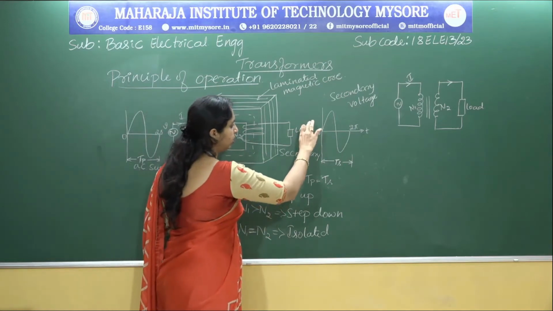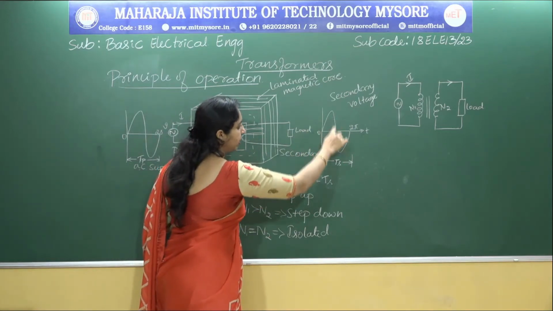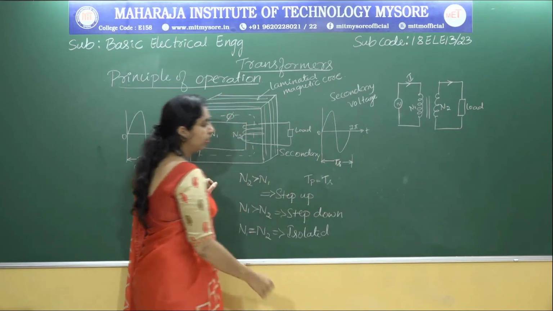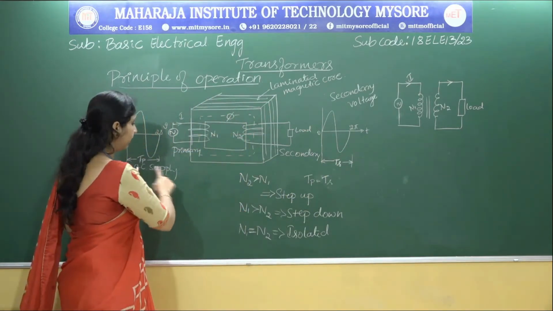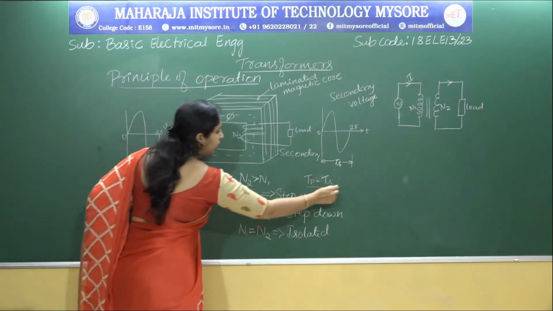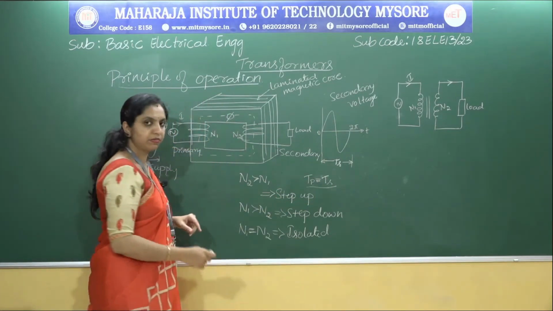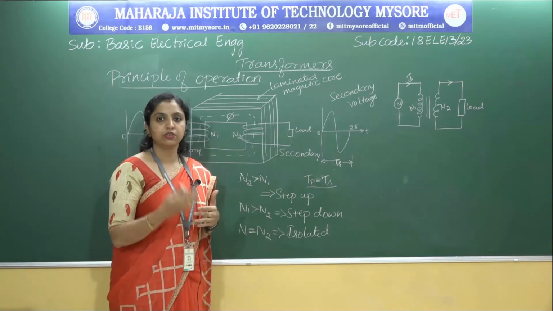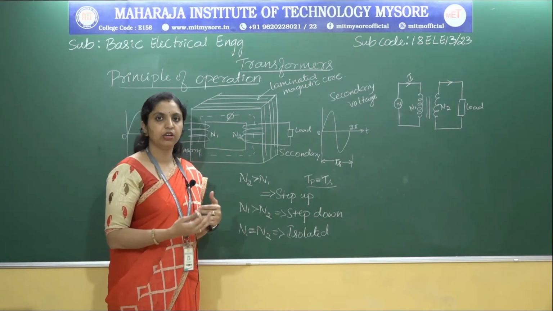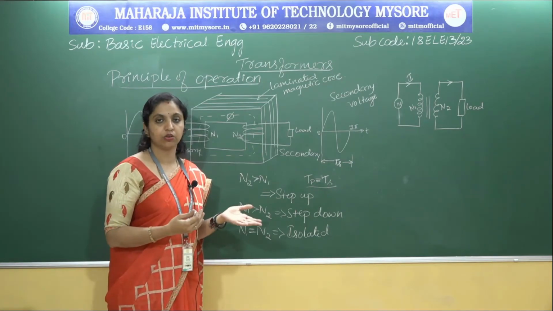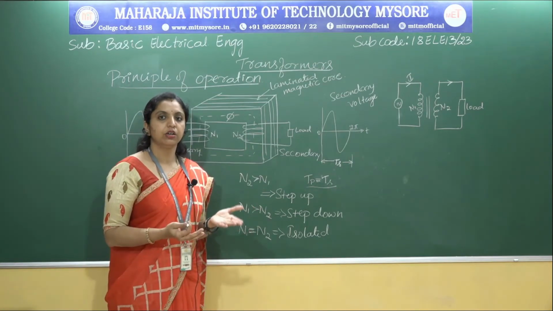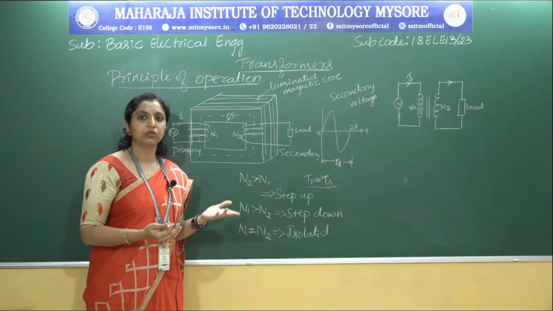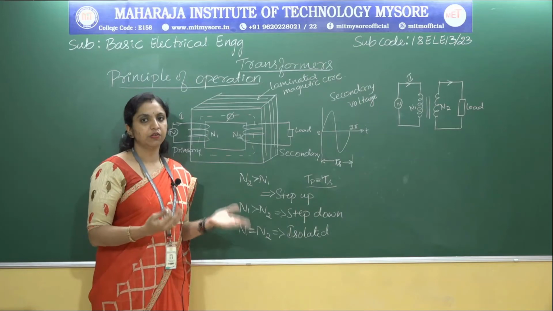So that is when we measure the voltage across the load, we will be getting again AC supply but with the same time period. What is the meaning of this? Here Tp is equal to Ts. As I have already explained, the transformer can transfer electrical energy from one circuit to another circuit, without any electrical connection, with the desired change in voltage and current, but without change in frequency.